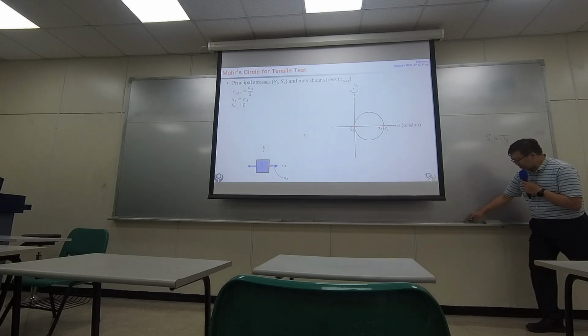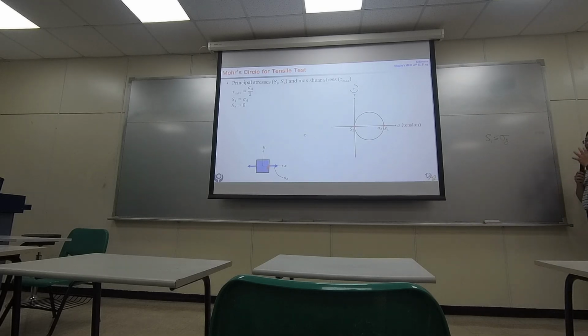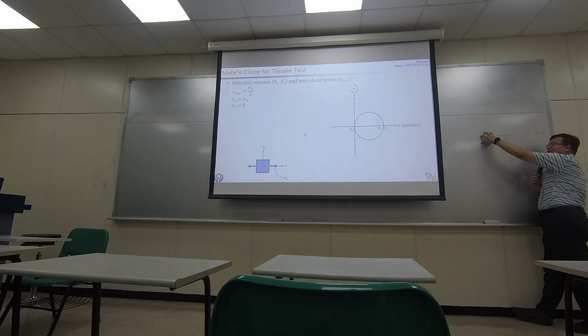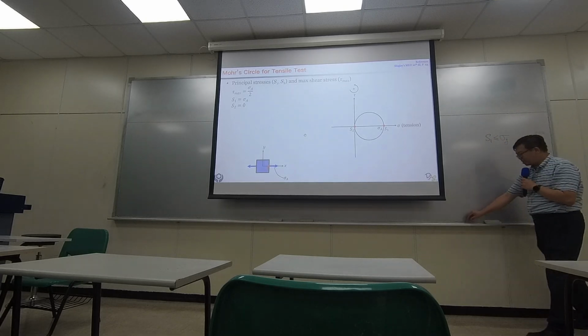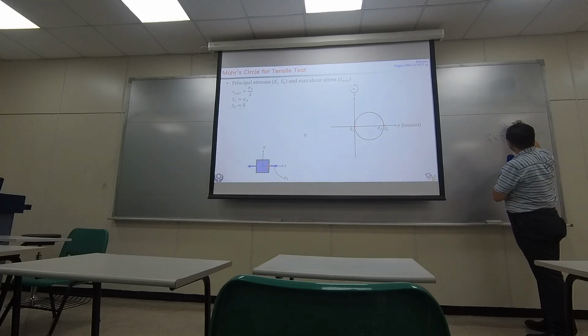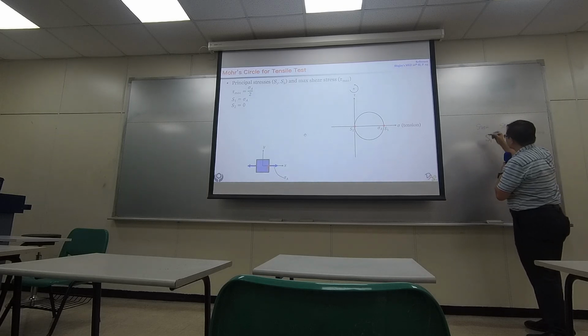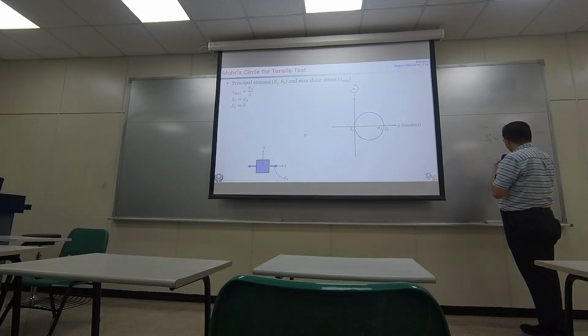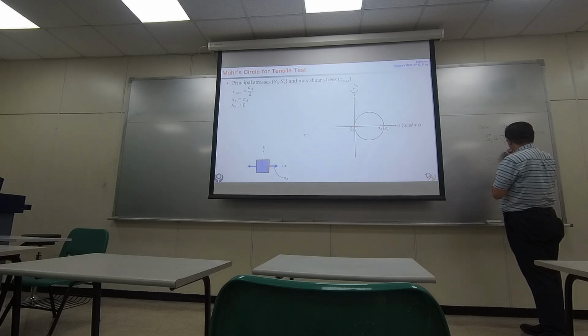Later on, when we talk about design, we always have some kind of equation with an inequality sign. We want to make sure the load we're carrying is smaller than our strength. So this is our strength, and here is the stress that we are carrying. And if we implement the idea of a safety factor here, then we should have an equation like this.